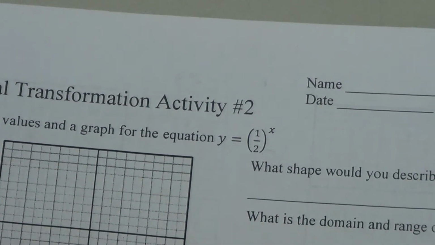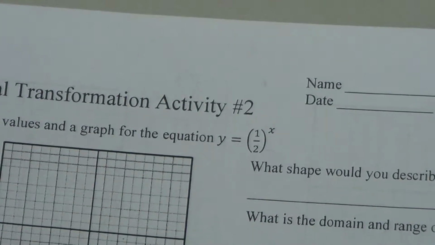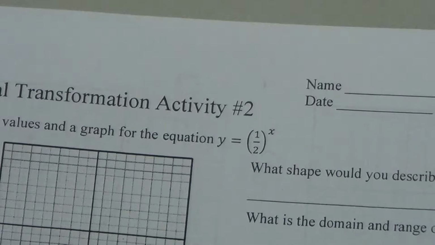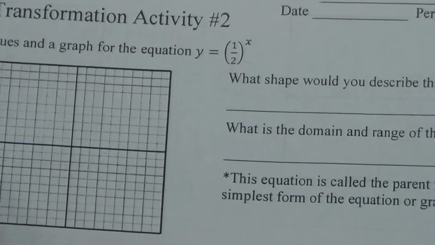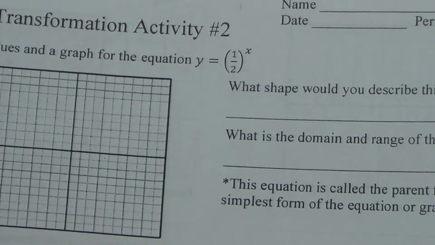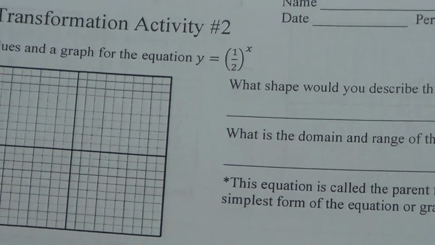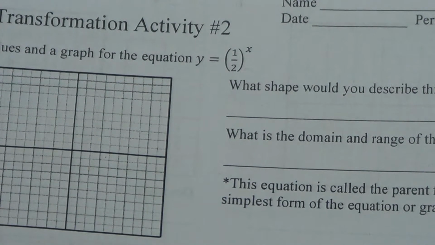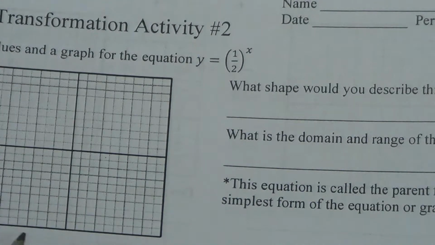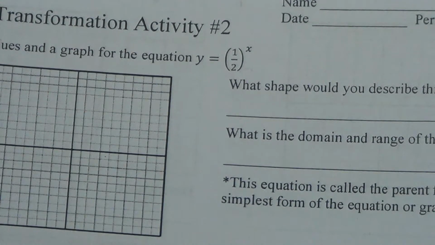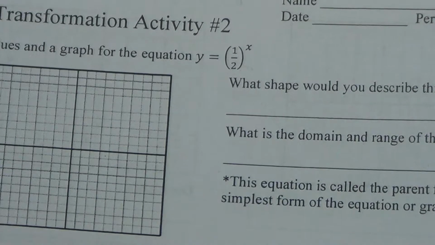1/2 to the negative second, again you need to flip it, so it becomes 2 to the second. That would be 4. 1/2 to the negative first, you'd flip it, that would be a 2. Any number to the 0th power is 1. 1/2 to the first is just 1/2.